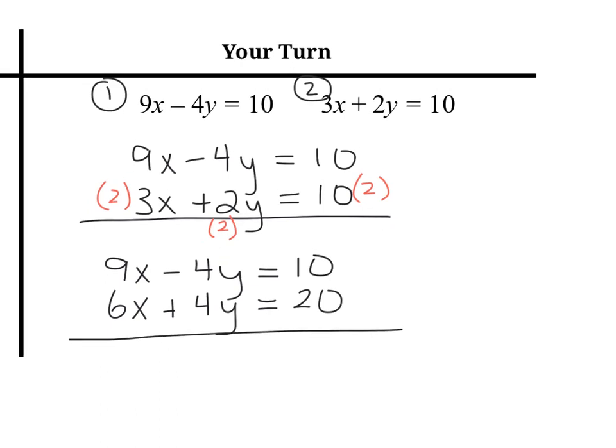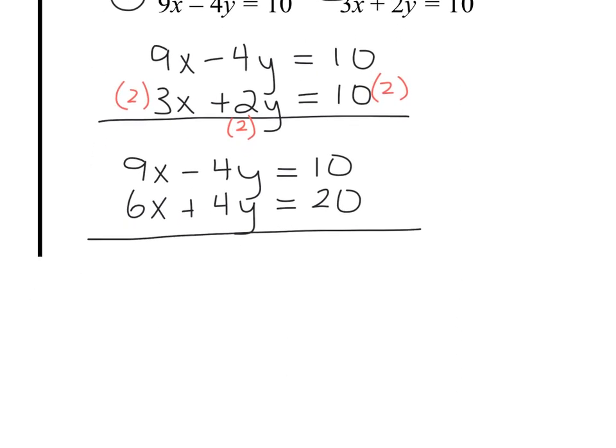The next thing I want to do is figure out if I'm going to add or subtract these two equations together in order to eliminate my y variable or my y terms. So I've got a negative 4 and a positive 4. So I need to figure out what sign needs to go between them in order to make it equal to 0.